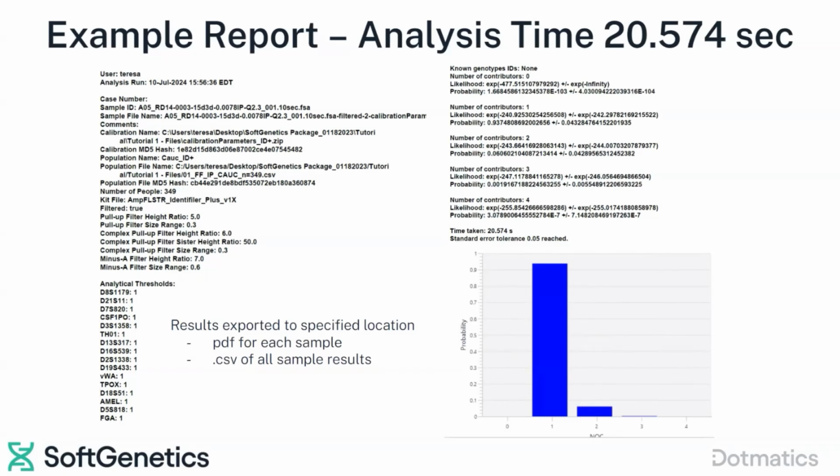There are PDF reports and CSV files exported for each sample. They list all of the settings and thresholds, the likelihoods and probabilities for each of the possible number of contributors, as well as that plot. You can also see how long the analysis took. For this degraded single source sample, it took about 21 seconds.